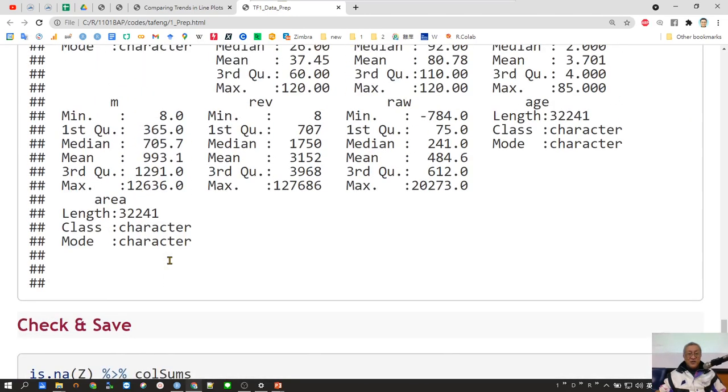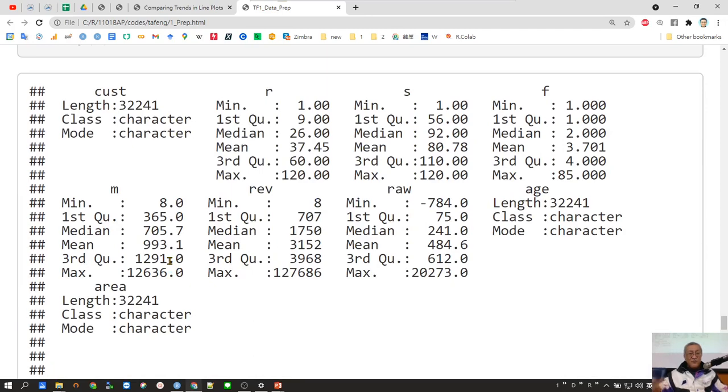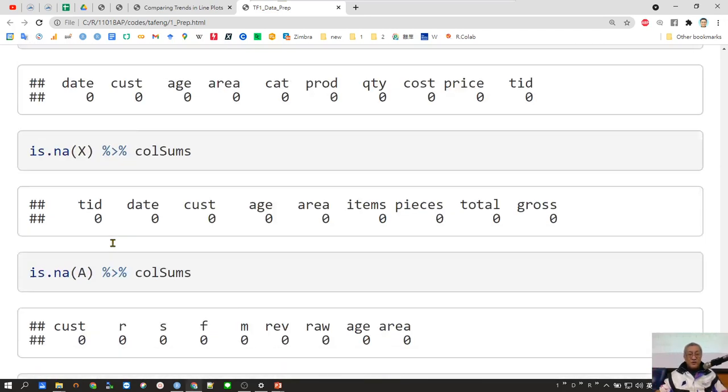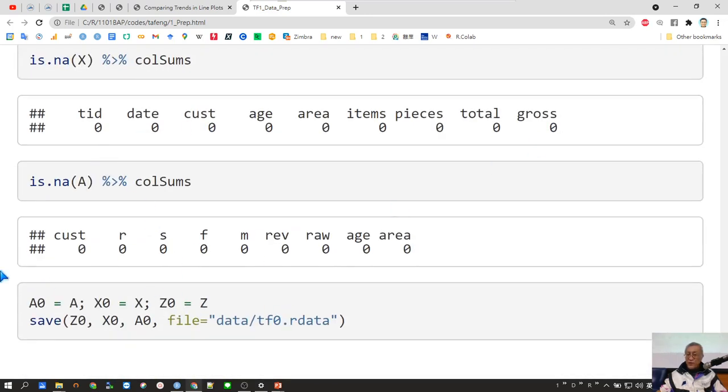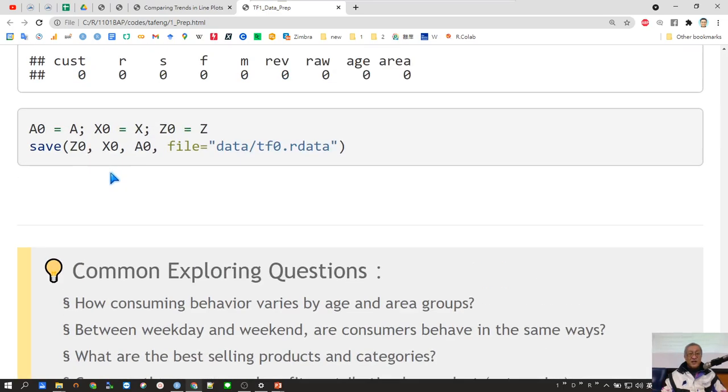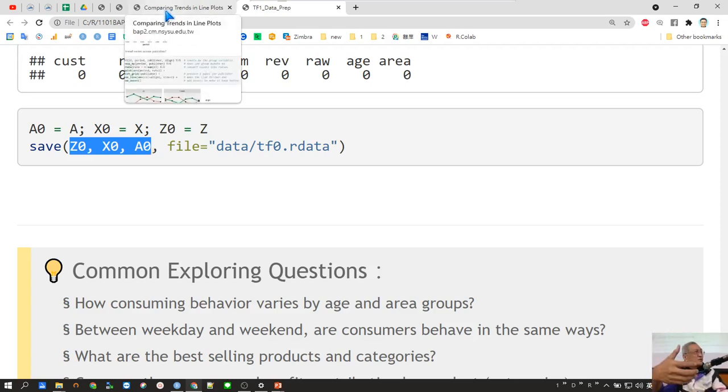So here, after the processing, we want to check whether there is missing data. If there is missing data, you will see the number here, but the data is very clean. We do not have any missing data here. After the processing, it is very good practice to save the data that you have, so you don't need to run through this notebook time after time.